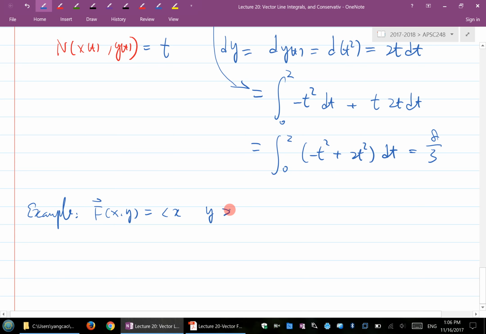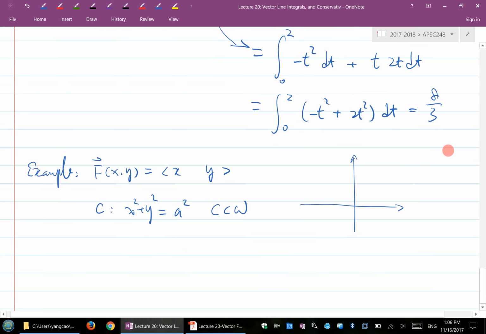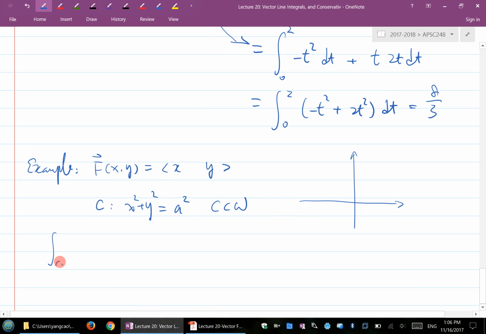Here's a vector field F = (x, y), and curve C is x squared plus y squared equals a squared, counterclockwise. So now you have the vector field and the curve C, and we want to calculate this vector line integral.